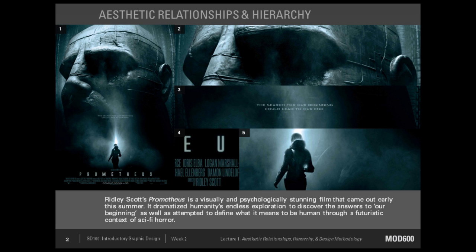So, if you just glance at figure 1, think about what you first saw. That's what they wanted you to first see. Personally, when I look at it, because I'm more of a visual than a verbal thinker, I actually don't see the title Prometheus. The first thing I see is this ominous statue staring down at me. So that has a strong presence. So they gave that strong hierarchy.